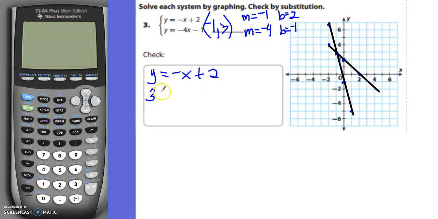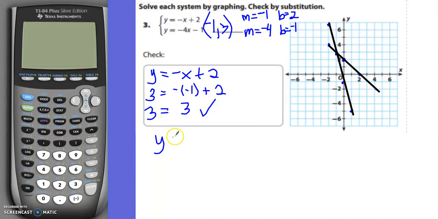So let's plug in 3, and we have negative 1 plus 2. Well, the opposite of negative 1 is 1. 1 plus 2 is 3, and 3 does equal 3, so that's good.